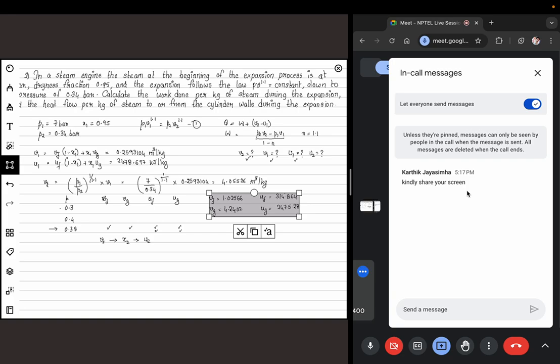Once I have these values, how do I calculate V2? V2 is already known to me. So all I have to do is find the vapor fraction. How is the vapor fraction defined? V2 minus Vf by Vg minus Vf. You can also observe that V2 here is actually less than Vg, so it is within the dome.